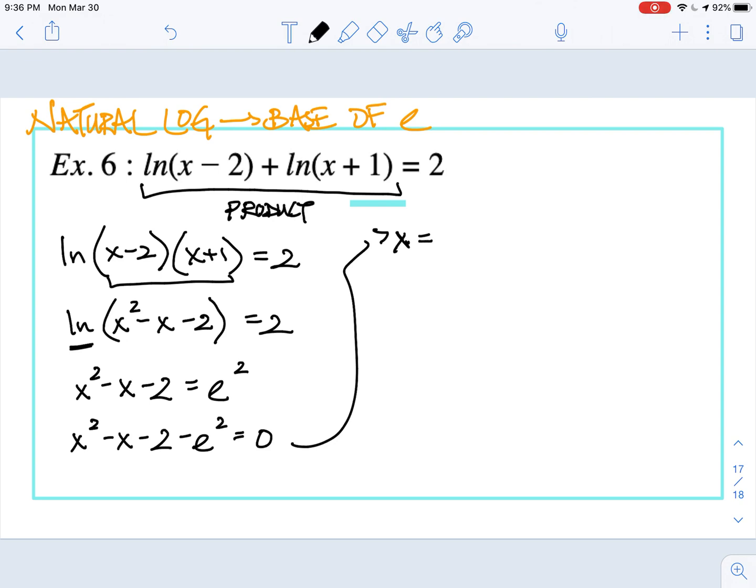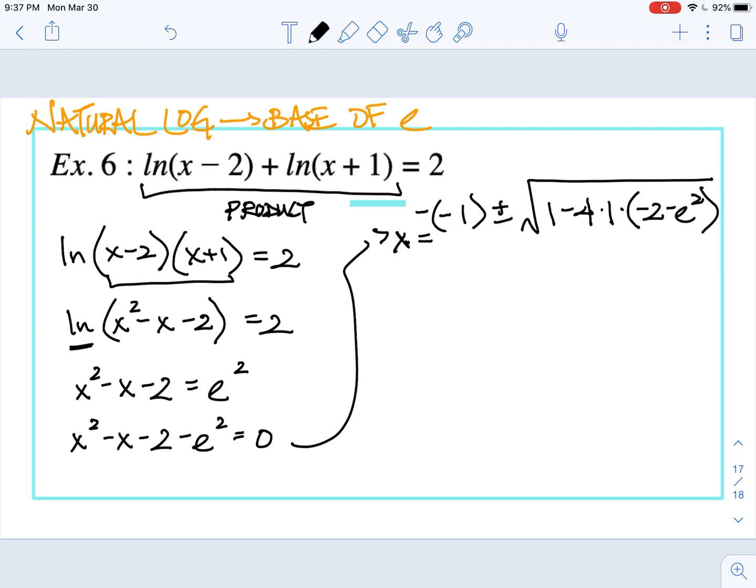So x equals negative negative 1 plus or minus the square root of b squared minus 4 times a times, believe it or not, this whole thing is your c value, negative 2 minus e squared.